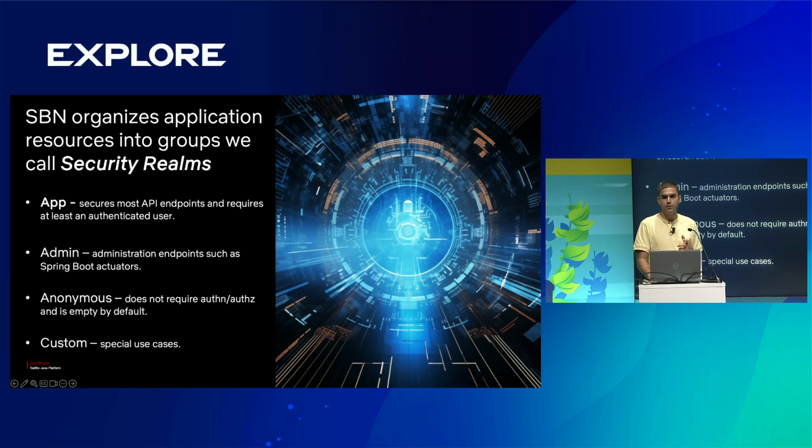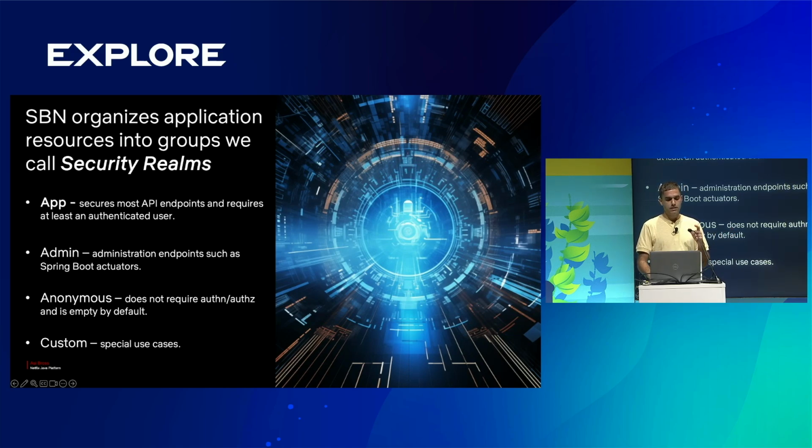It's mostly the actuator endpoints, so endpoints that only admins of this specific application are allowed to change. And we have an anonymous realm, which by default is empty. But you can add specific endpoints if you want them to be callable unauthenticated. An example might be, let's say you want to serve some JavaScript or a CSS file. You don't need authentication for that, so you can add it to the anonymous realm. Custom realm would be some special use case that you might have.